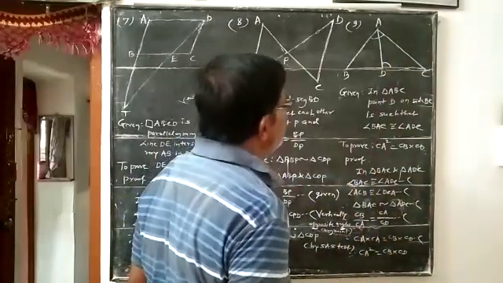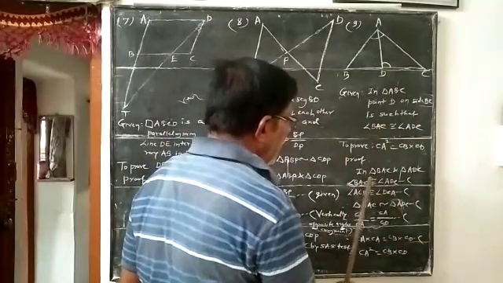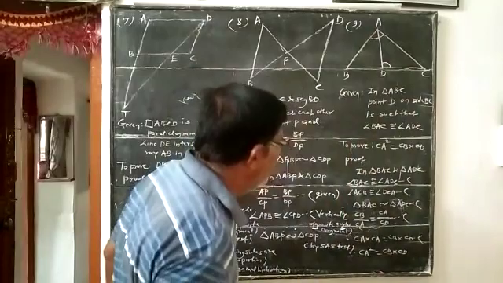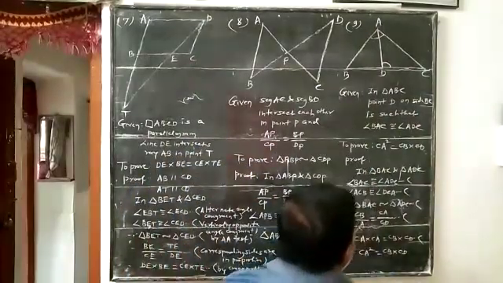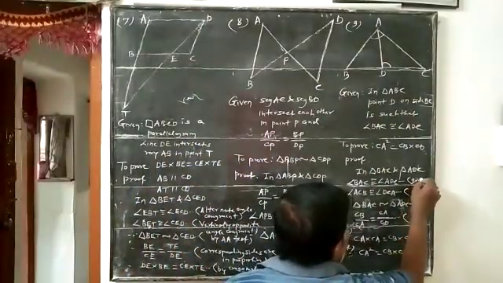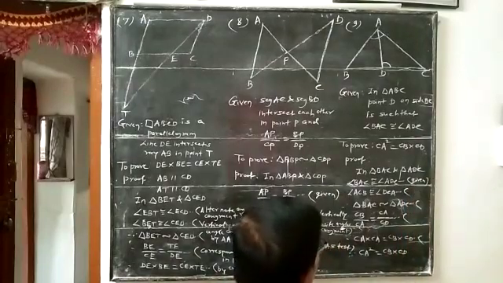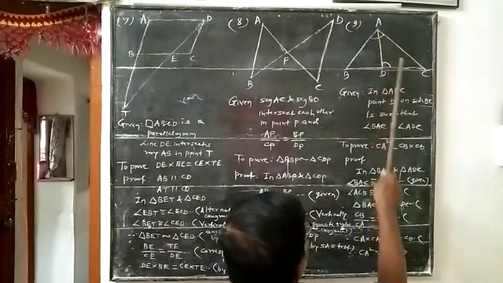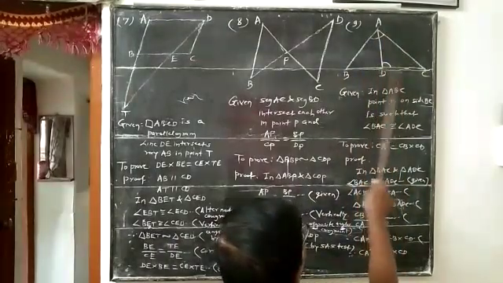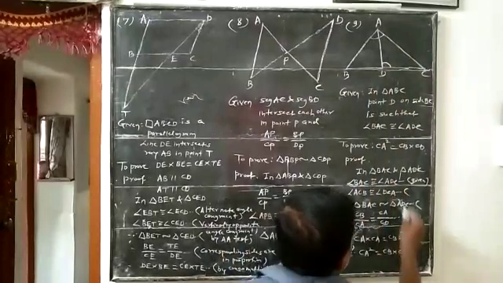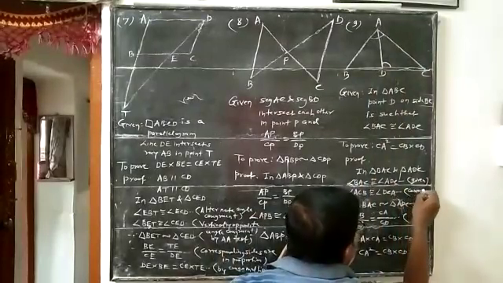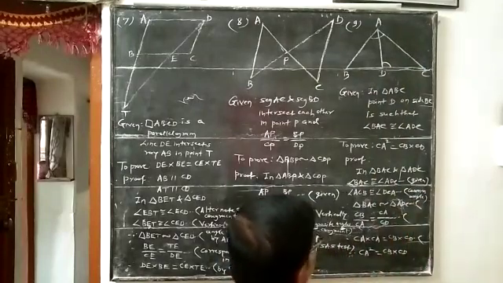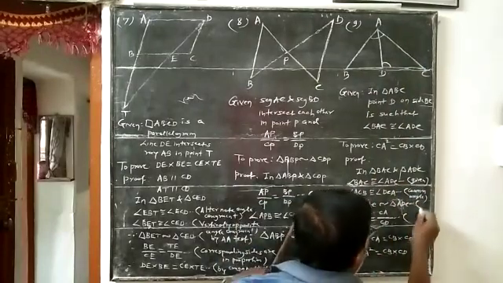To prove this, take triangle BAC and triangle ADC. Angle BAC is congruent to angle ADC, it's given. We need only one more pair: angle C in triangle ABC and angle C in triangle ADC, that is angle ACB is common to both. Therefore triangle BAC is similar to triangle ADC by AA test.